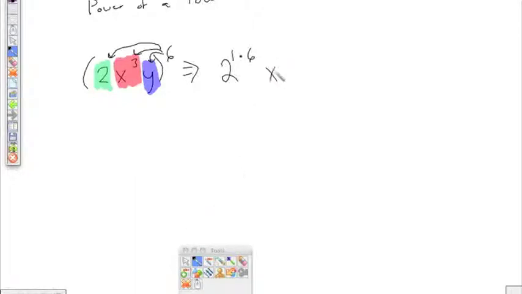Base number of x cubed, power of a power says we multiply the exponents. And the last base number, y to the first, times the power of 6. Let's get this end result. Dylan, can you say what it all is?